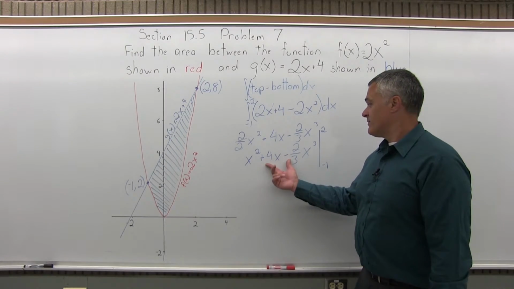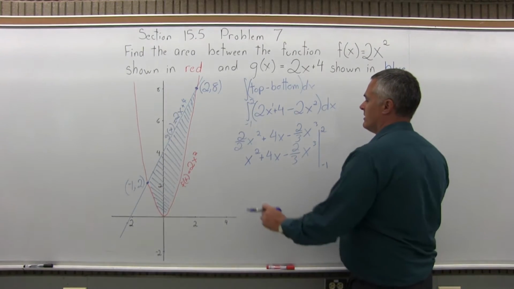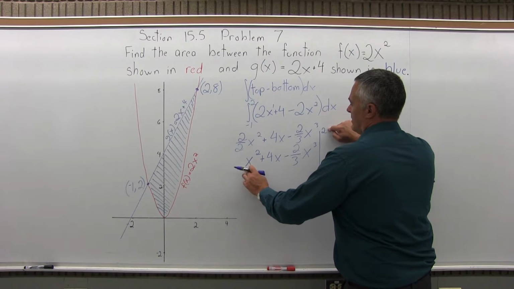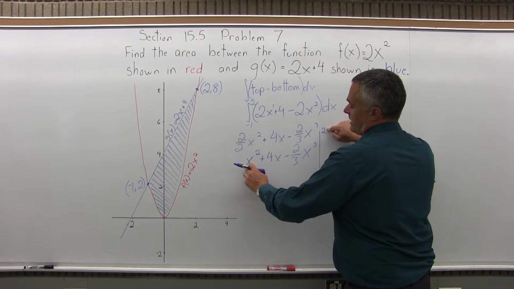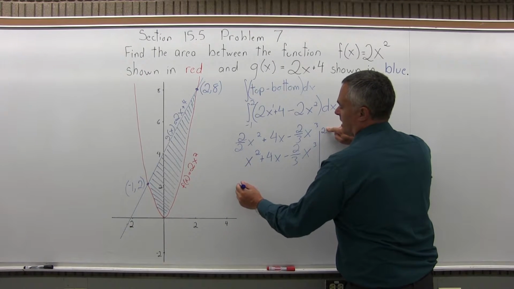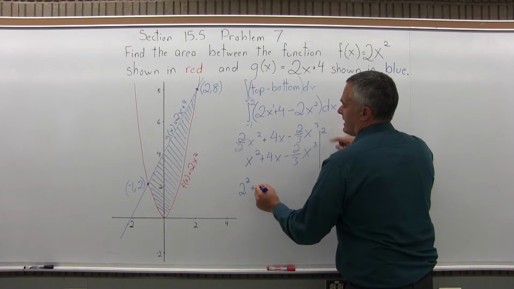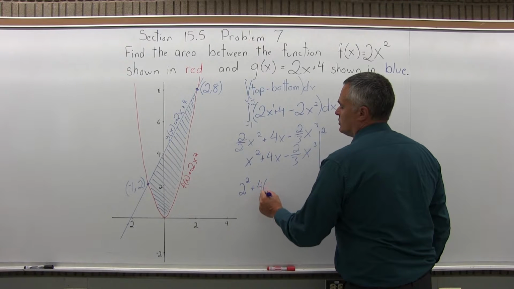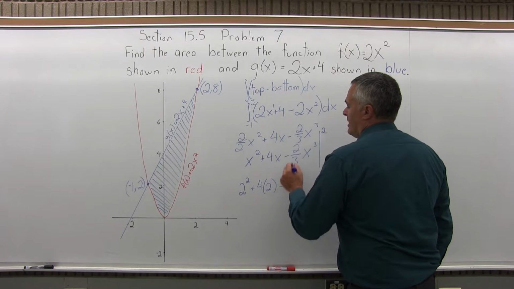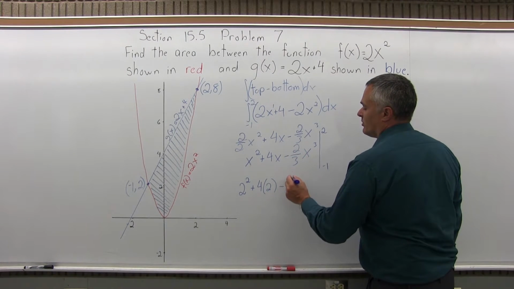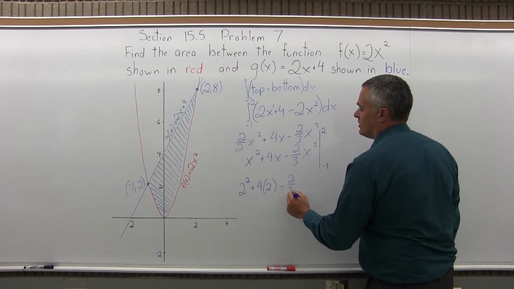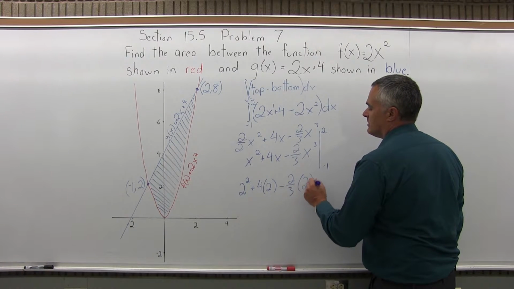I solved the integral. Step 2, put in the upper limit of integration for x, or whatever your variable is. So the x squared will become 2 squared. The 4 times x will become 4 times 2. The minus 2/3 x cubed will be minus 2/3 times 2 cubed.